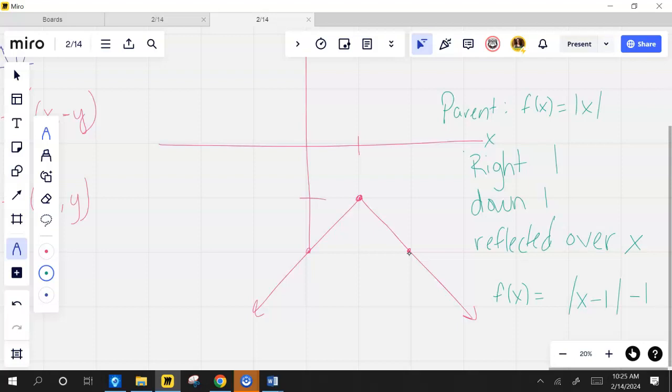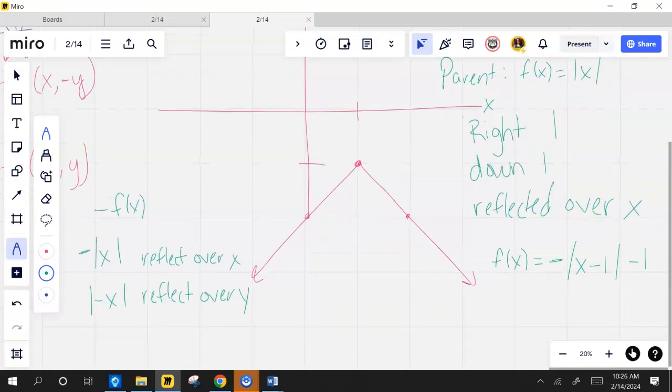Don't do it in the F, do it over here in the equation. I probably should have showed you that. Just take whatever your equation is and put it in the front. Put this in your notes with reflection. And this is reflect over Y. Does that make sense? Sorry, I didn't explain that very well.